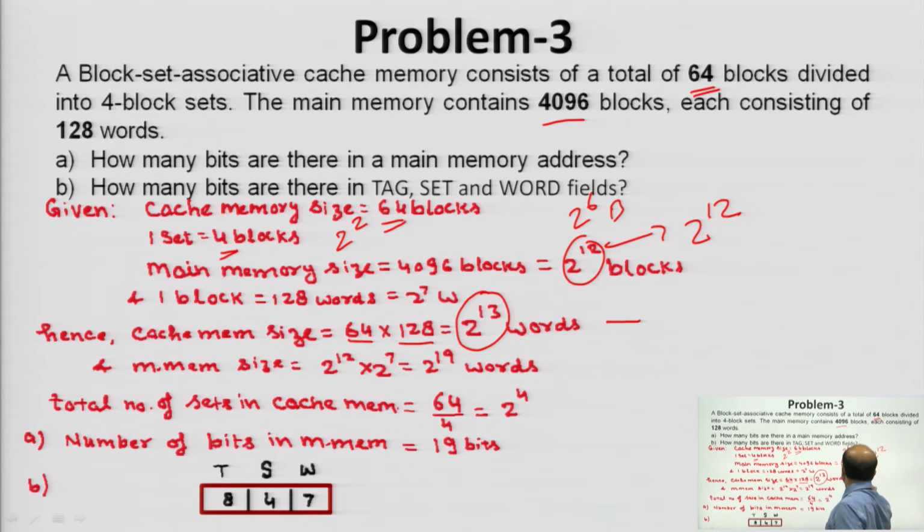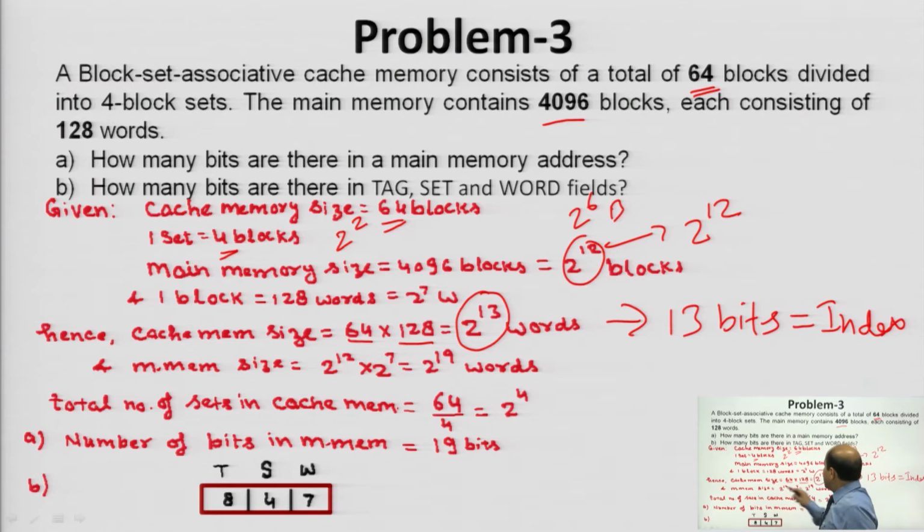The cache memory will take 13 bits, so the index size in this case is 13 bits. And the main memory, similarly, we can calculate as 2 to the power 12, because there are 2 to the power 12 blocks as we have seen, times 2 to the power 7, because 128 words in each block is given.